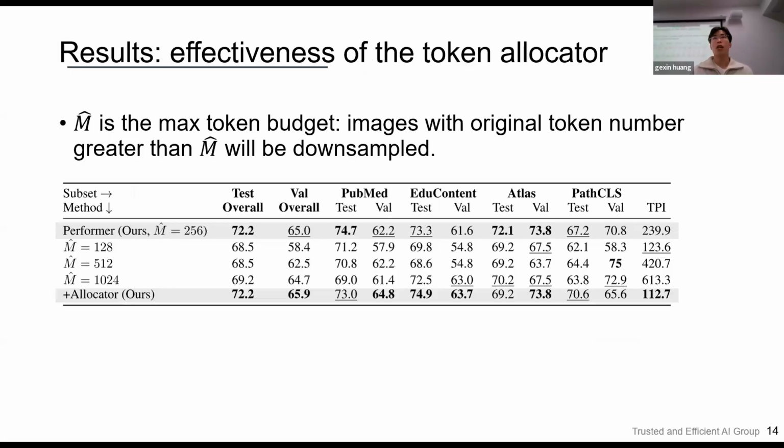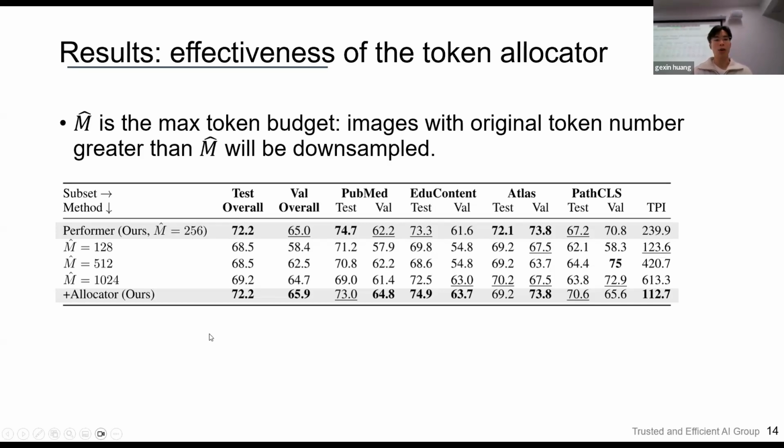So after that, they also do an ablation study to test the effectiveness of the token allocator. So MHAT is the max token budget. Images with an original token number greater than MHAT will be downsampled.